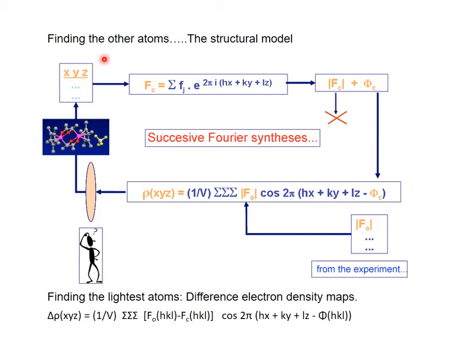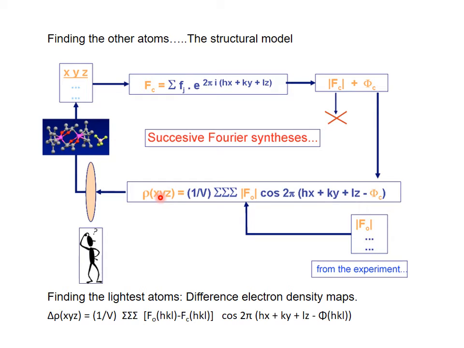So now you can run another cycle. You can again use the atoms and calculate a new structure factor, and again separate the new structure factor into its absolute value and the phase. Again you discard the absolute value of the structure factor, only use the calculated phase, combine it with the observed structure factor, and do the Fourier transformation again to calculate an even more refined electron density map.